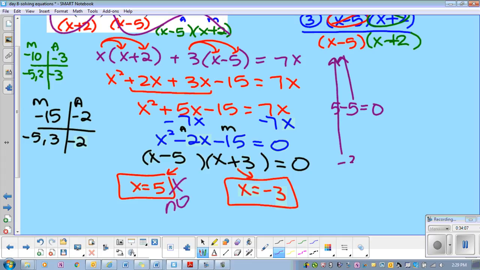So into that one again, negative 3 minus 5, that's negative 8, right? Now I'm going to try this one, just to be safe. Negative 3 plus 2 is negative 1, not 0. So this one is a solution.